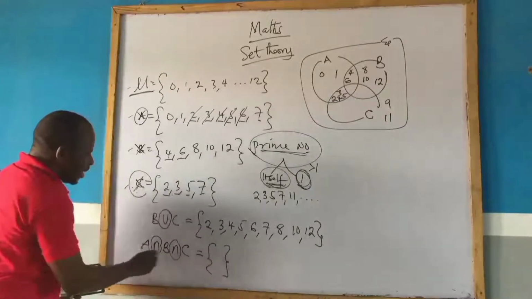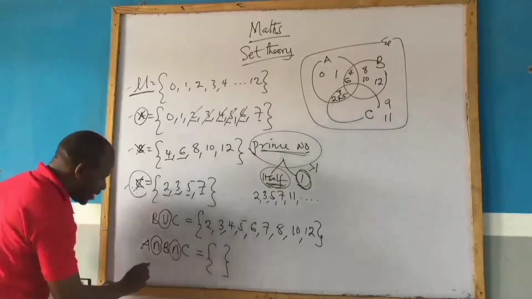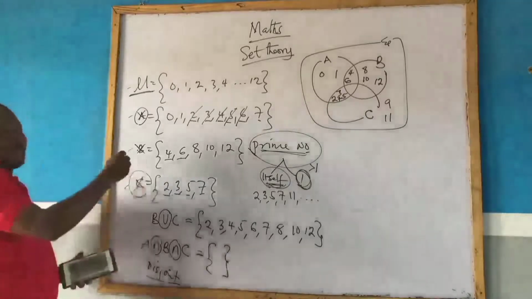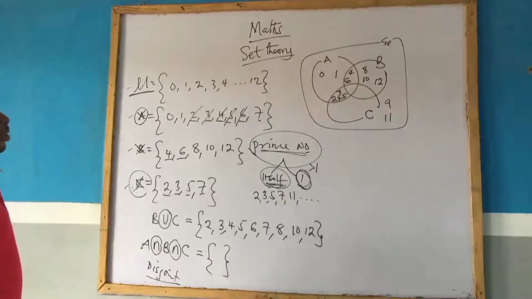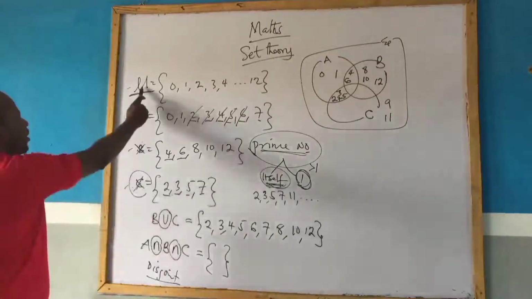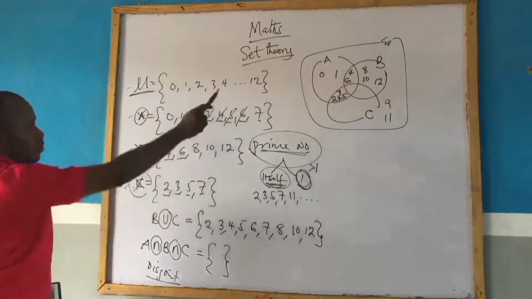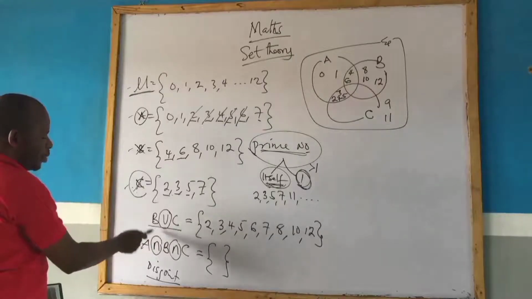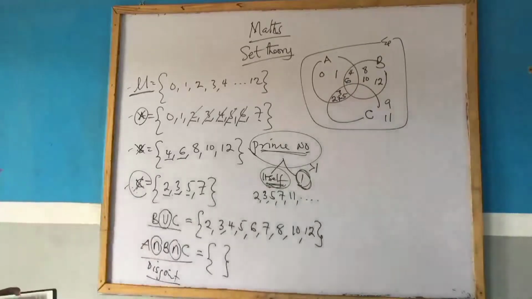And anytime the intersection of sets is an empty set, it means the sets are disjoint, like we have discussed in our class. So we have solved number 1 successfully. We listed out the elements of universal set, A, B, and C. Then we presented it on a Venn diagram, and we were able to find B union C, then the intersection of A, B, and C. This is the solution to the first question.